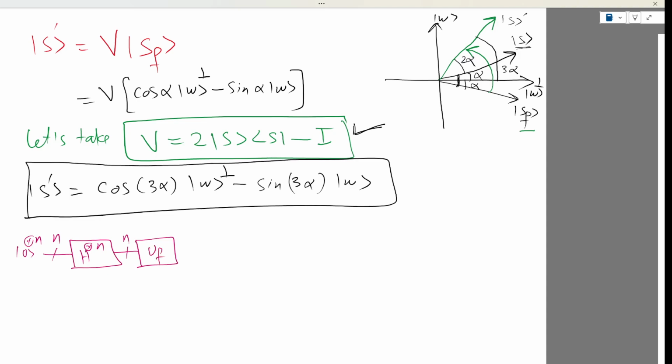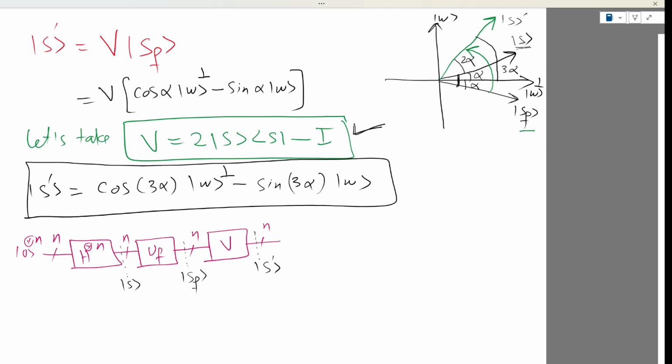So after applying the Grover operator, after applying this oracle UF, he applied this Grover reflector V, and then we got this n qubit state. The state over here we have called S, the state over here is SF, and the state over here is S prime. Now let's repeat it.